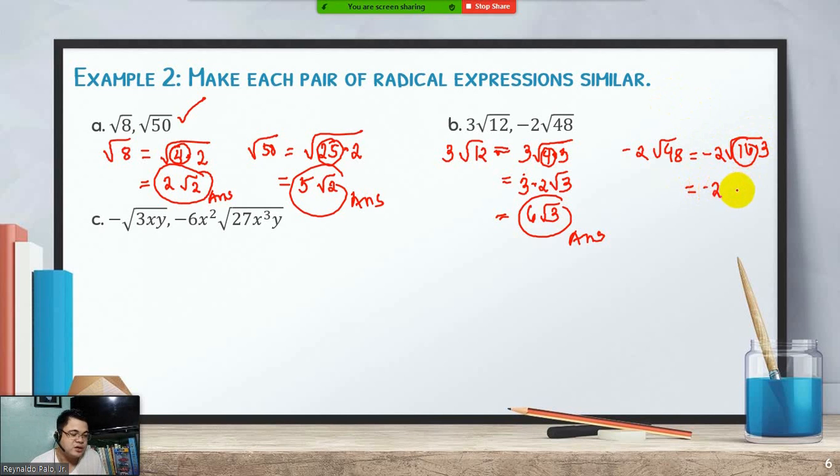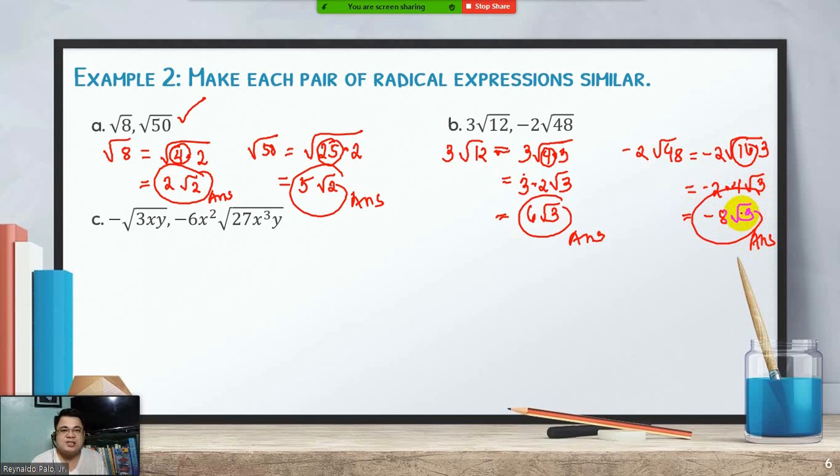So therefore, square root of 16 is 4 square root of 3. Alright? Then negative 2 times 4 is negative 8 square root of 3. Therefore, this is the simplified form of the radical negative 2 square root of 48. So they are now similar radicals. We have 6 square root of 3 and negative 8 square root of 3.